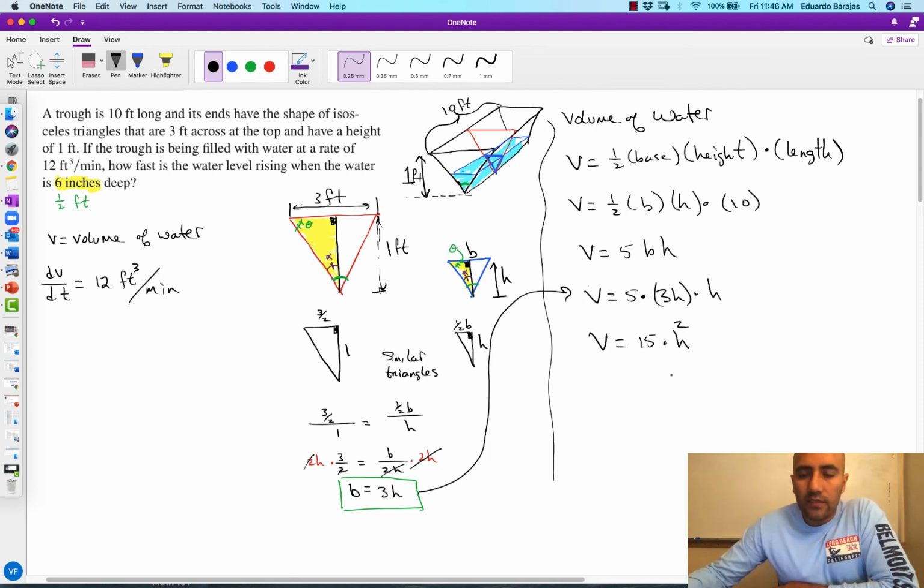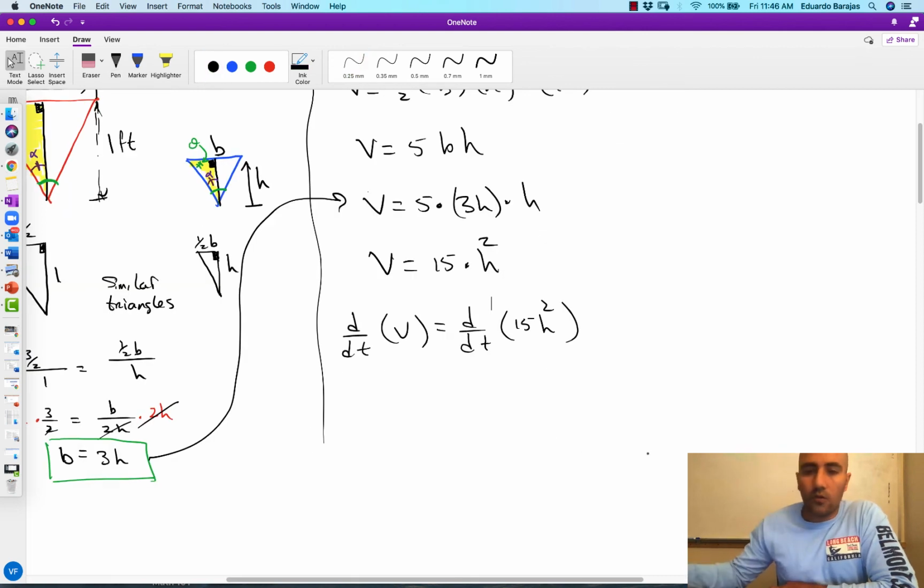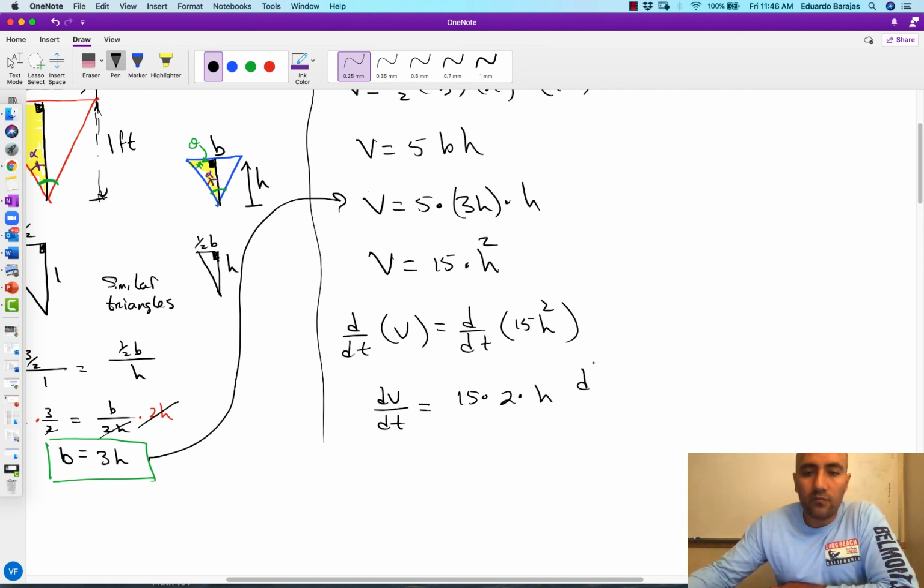Good. Okay, so now let's take our derivative with respect to time, because they gave us a rate at which the volume was flowing into this trough. So now if we do d/dt of V equals d/dt of 15h squared, we'll get dV/dt equals 15 times 2 times h times dh/dt.